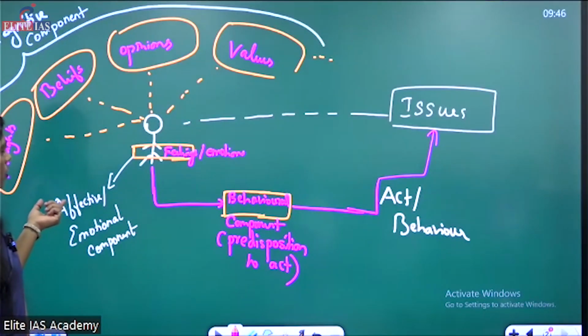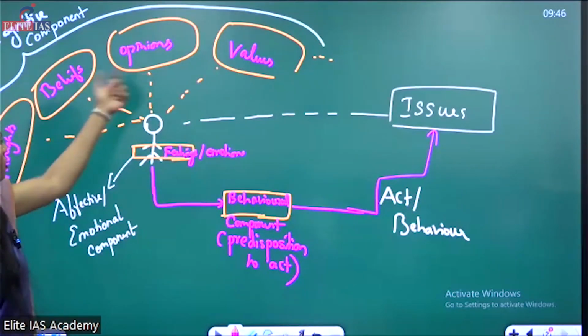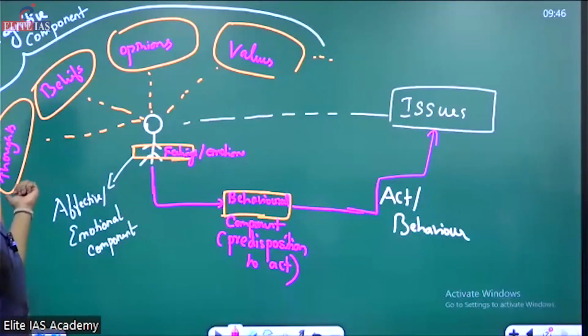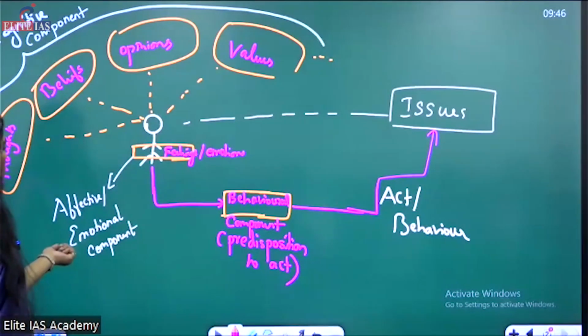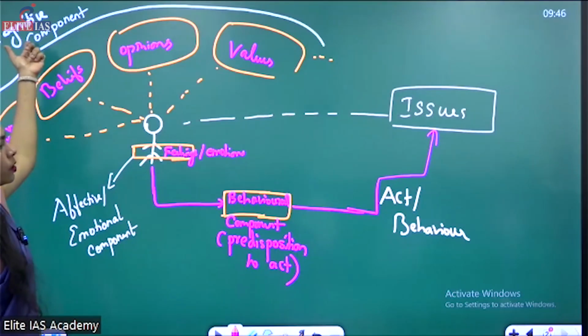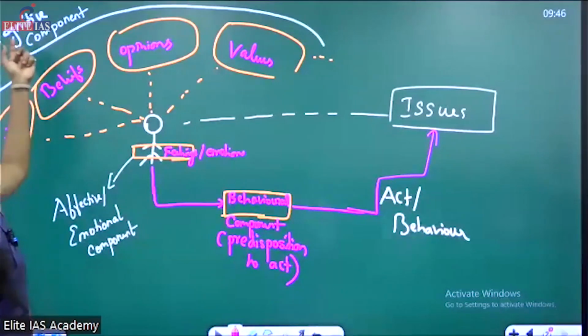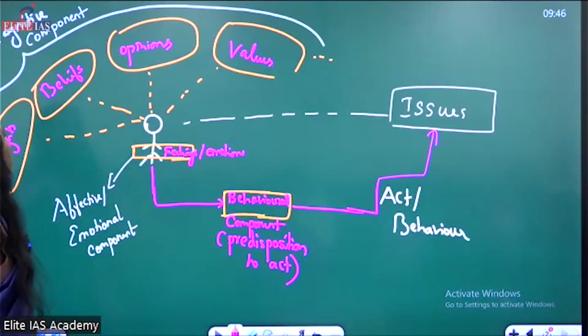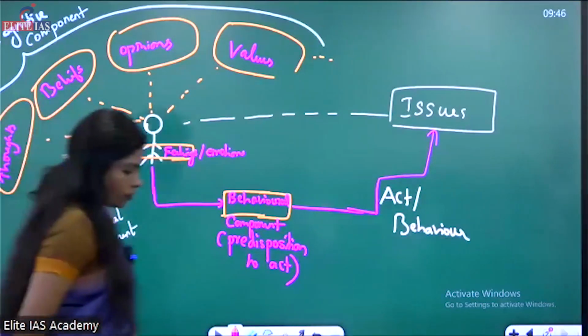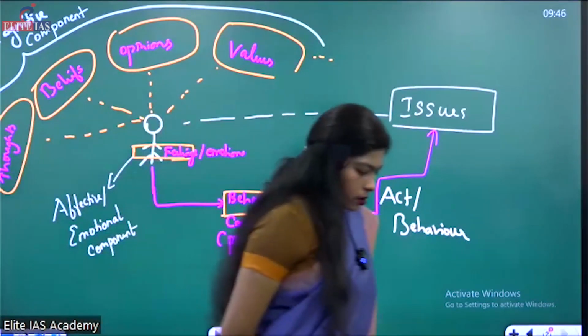Ma'am, on the top corner of the left side. Thoughts, beliefs. Here, below. Ma'am, he is asking about top corner left. This one, cognitive component. Cognitive. COGNITIVE. Done? Shall we start?